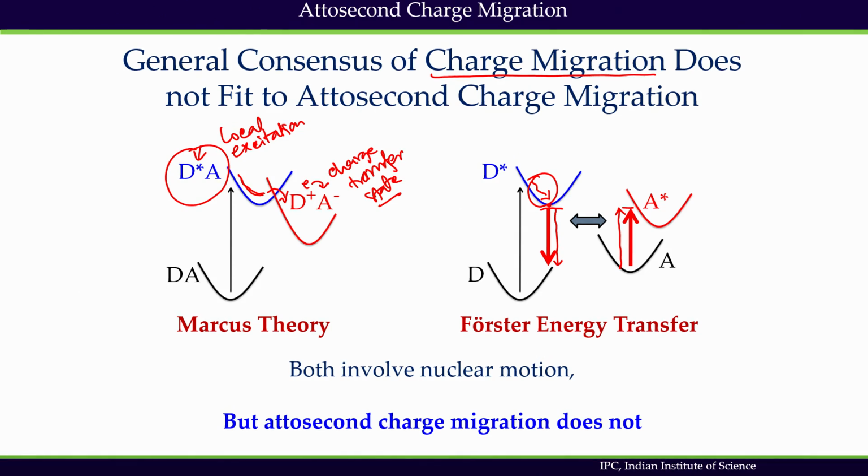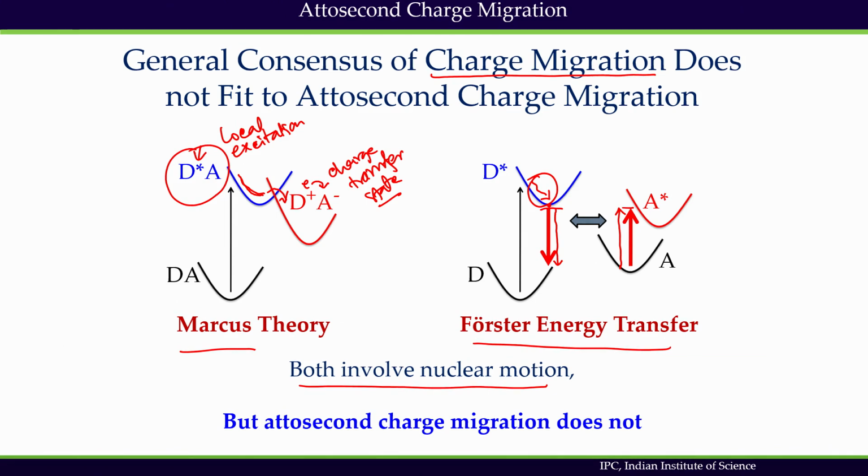That's why one thing we have to clarify here, that the existing idea of electron transfer or electron migration or charge migration or time dependent change in electron density based on Marcus theory and Forster energy transfer mechanisms, they both involve nuclear motion, and that is why it is an electronically non-adiabatic process.